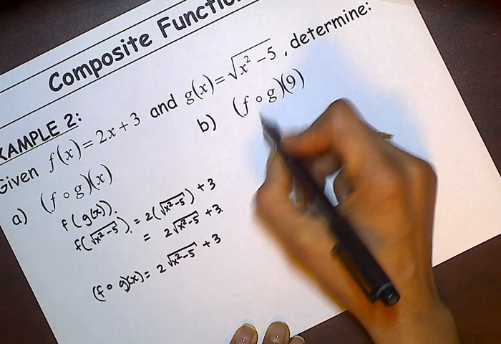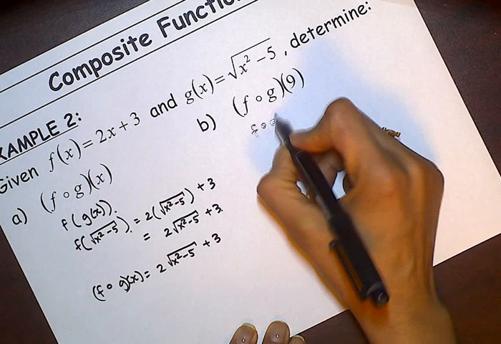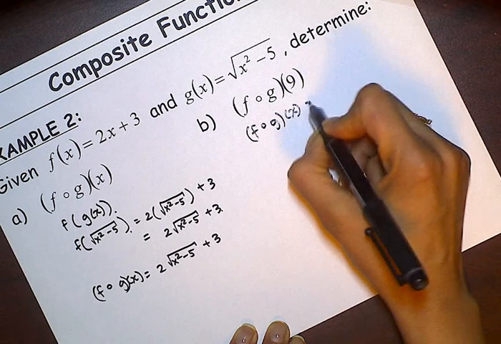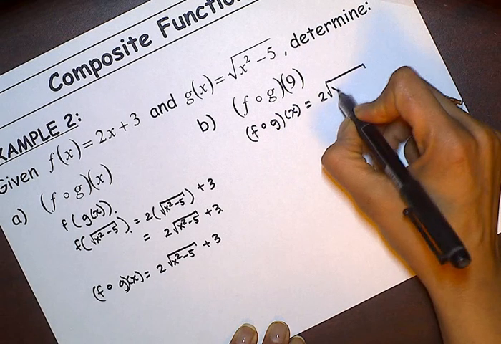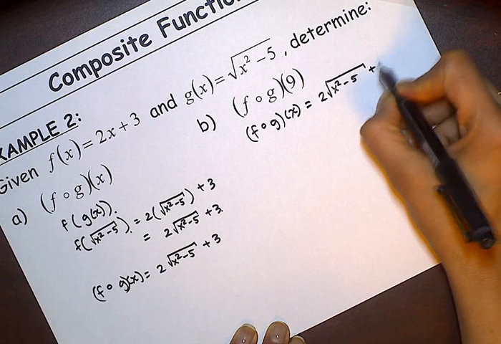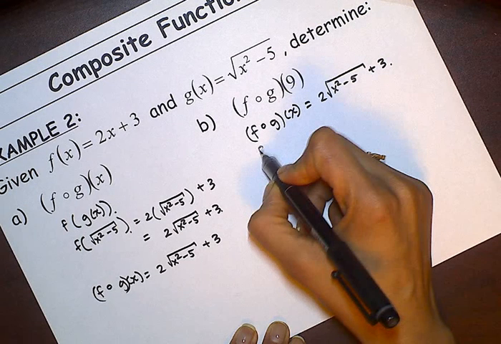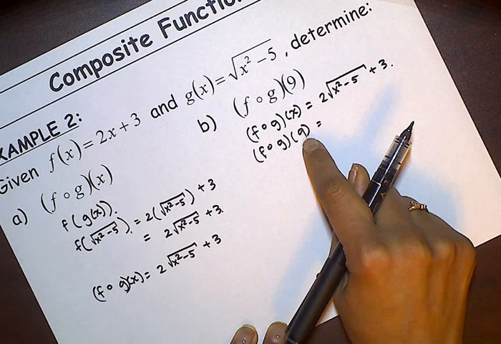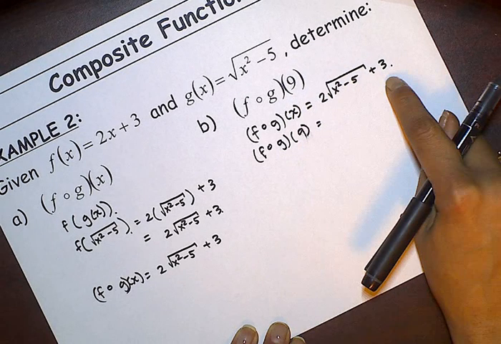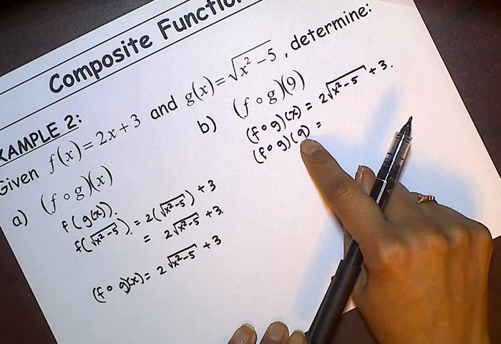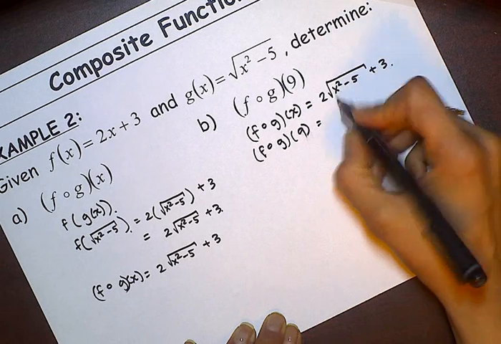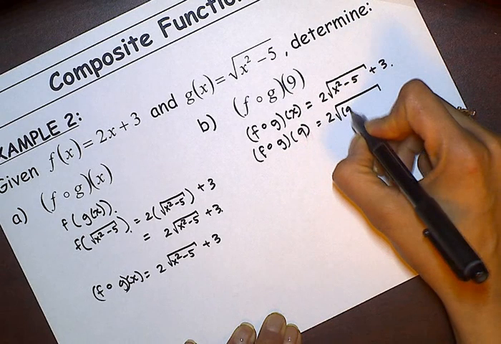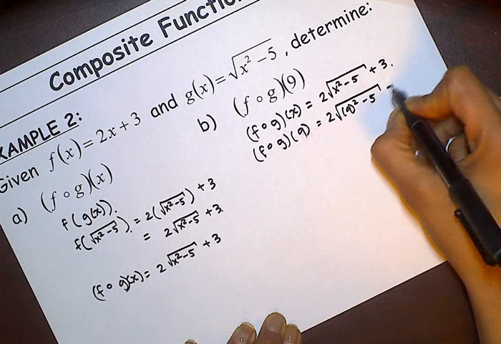I'm now going to determine f of g of 9, so anytime I see x in this function, that is now going to be replaced by 9. So it's 2 times the square root of 9 squared minus 5, plus 3. That's 2 times the square root of 81 minus 5, plus 3, which is 2 times the square root of 76, plus 3. And I'm just going to leave it as that.